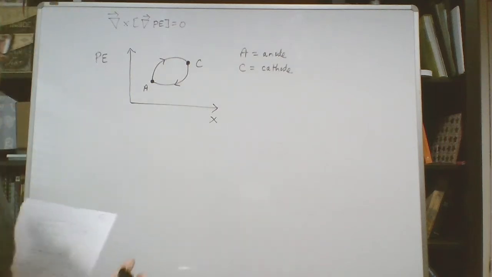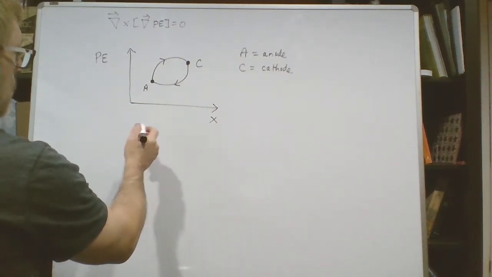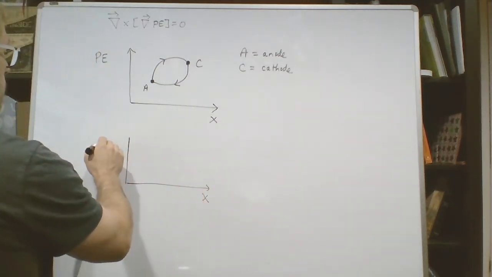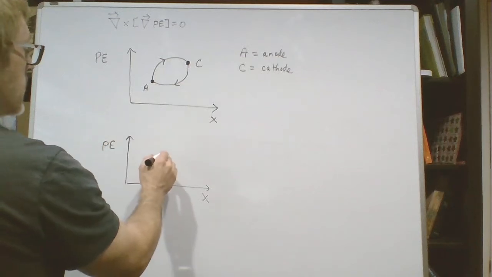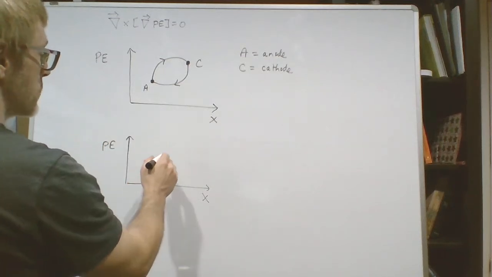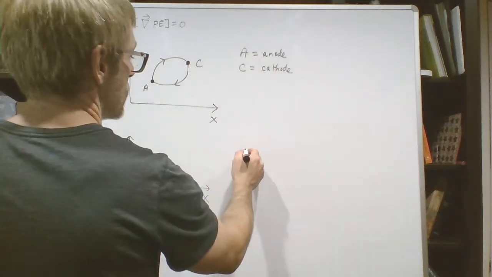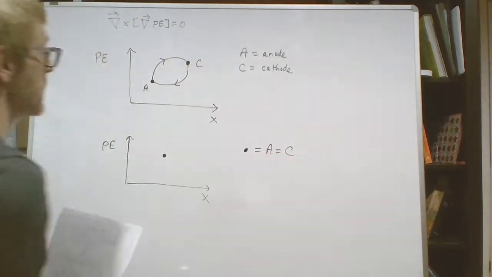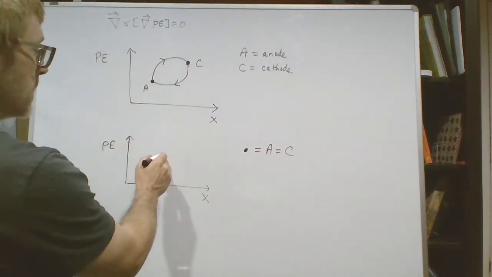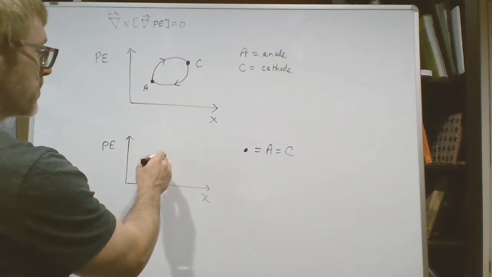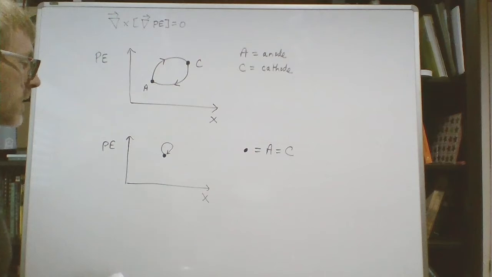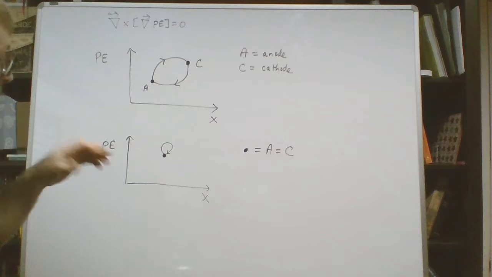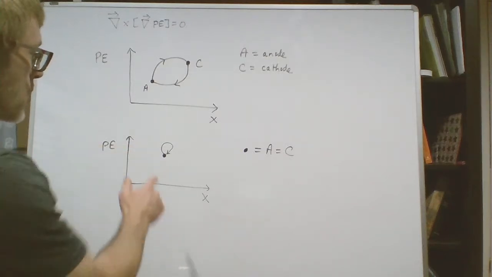Well, we can see that if I were actually to plot this again, if A and C were on the same point, so let this point equal A, which equals C. If the anode and the cathode were on the same point, I guess, if there were no net physical separation between the anode and cathode, then there'd be absolutely no curl.